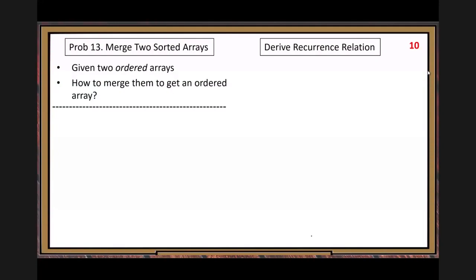This time, we need to derive the recurrence relation first. Based on the divide and conquer, we want to write the recurrence relation explicitly.